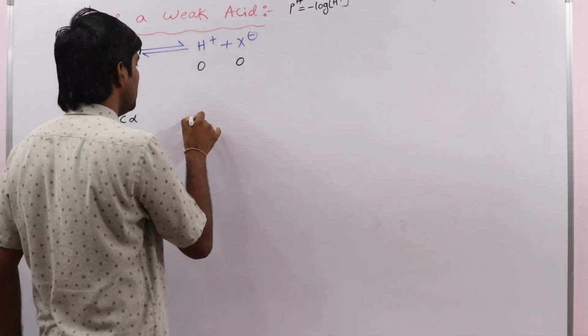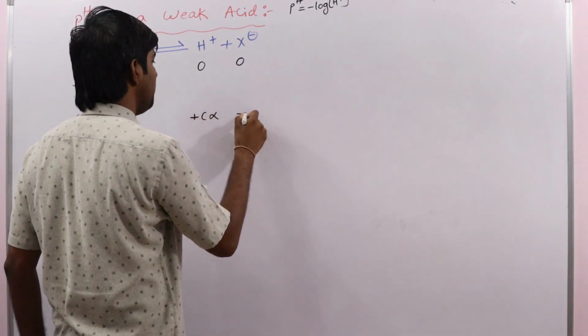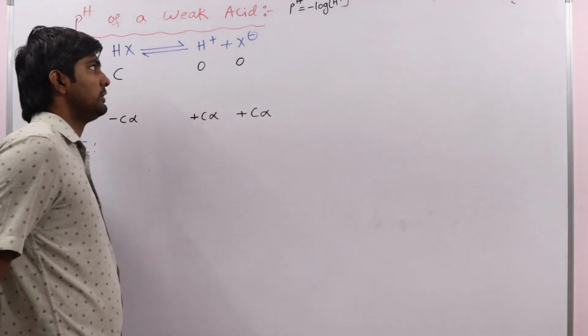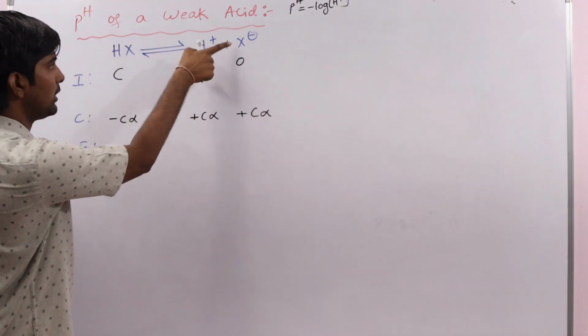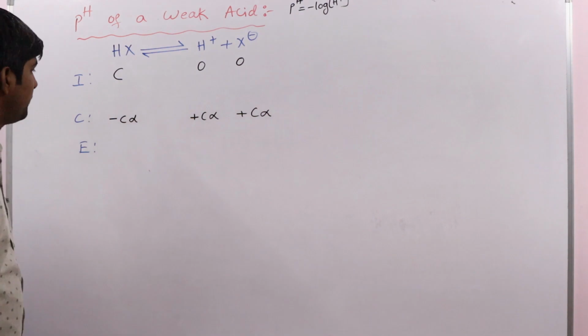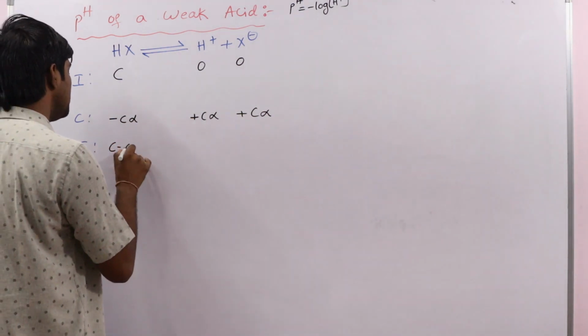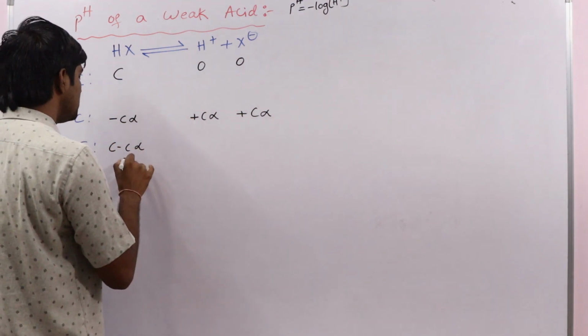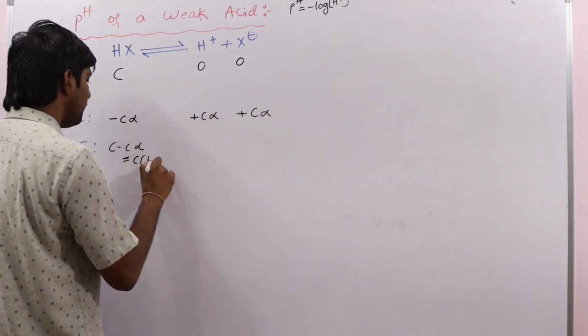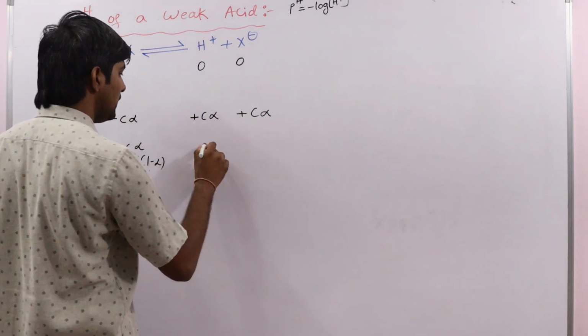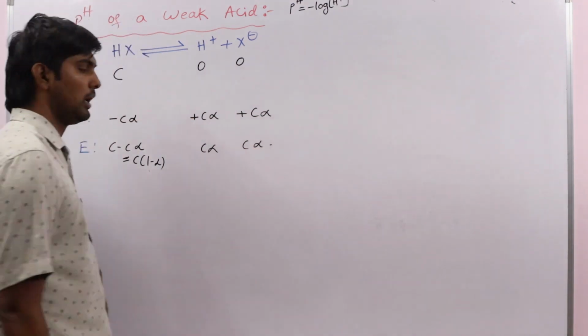So here we get plus C alpha, and here also plus C alpha. Yes or no? 1 mole of H plus and 1 mole of X minus is formed. At equilibrium we have C minus C alpha, that is equal to C of 1 minus alpha, and here C alpha and C alpha.